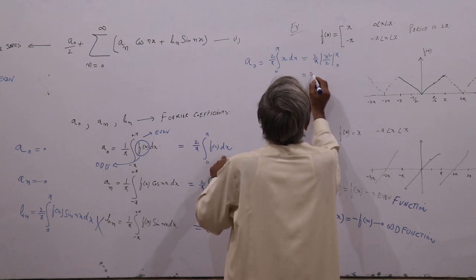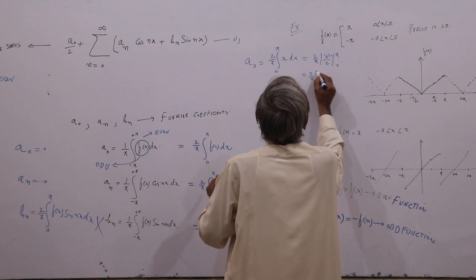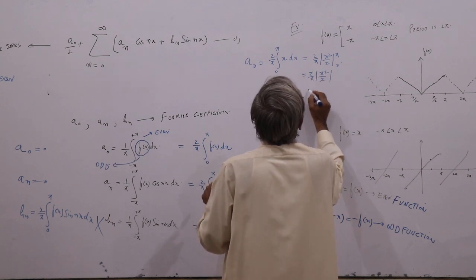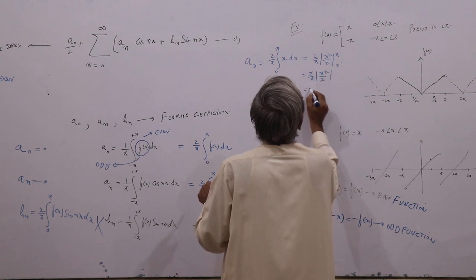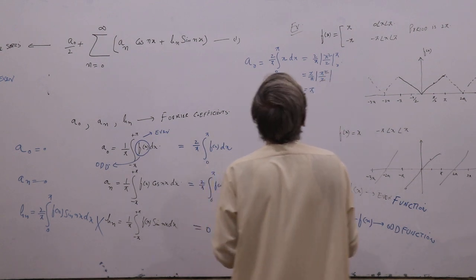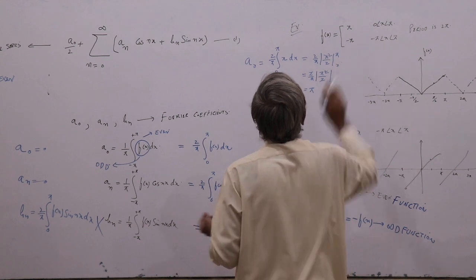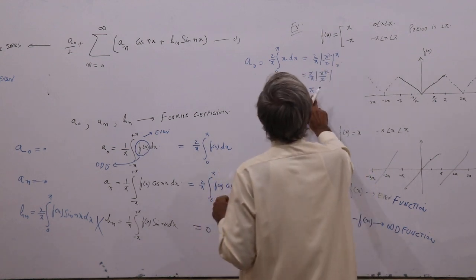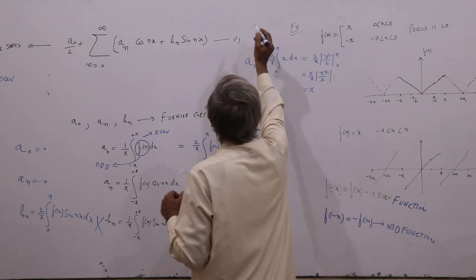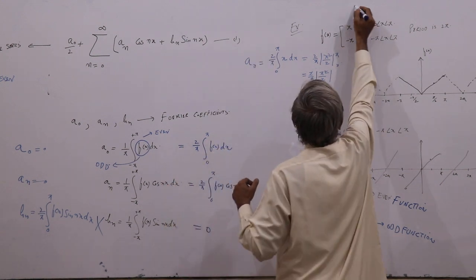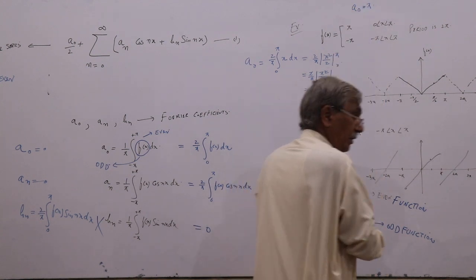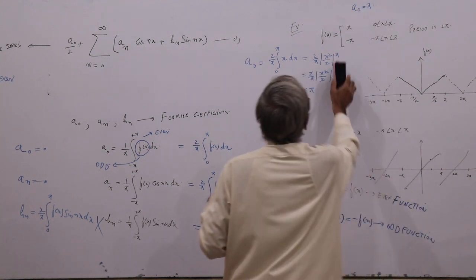So it is 2 over pi times pi square over 2, the 2s cancel. So your answer is pi. Right? The other limit will give you 0. So what is your a naught? A naught is pi. So that is one thing we have done.